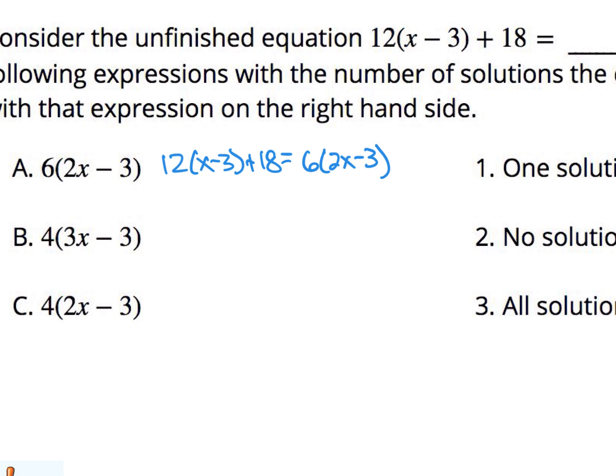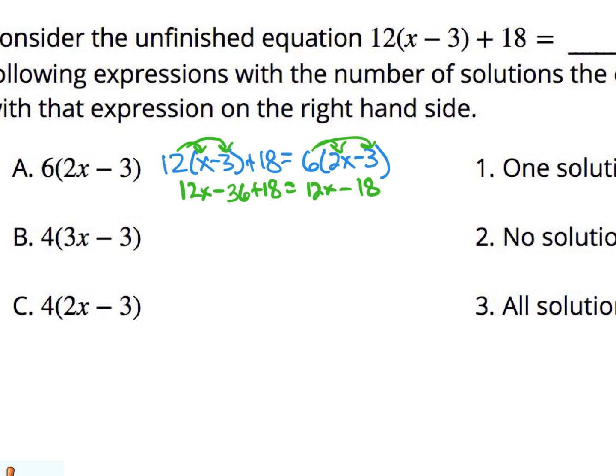So let's go ahead and multiply in our 12. 12 times x is 12x. 12 times 3 is 36, plus 18. Now let's multiply in our 6. 6 times 2x is 12x. 6 times 3 is 18. All right, is there anything else we can combine together?